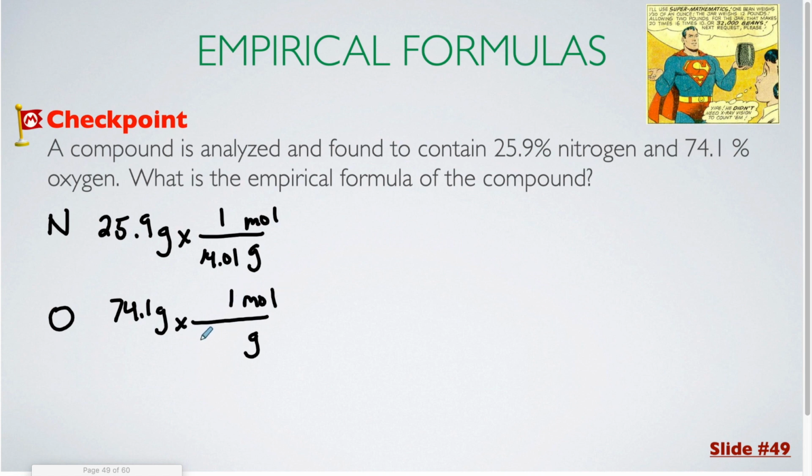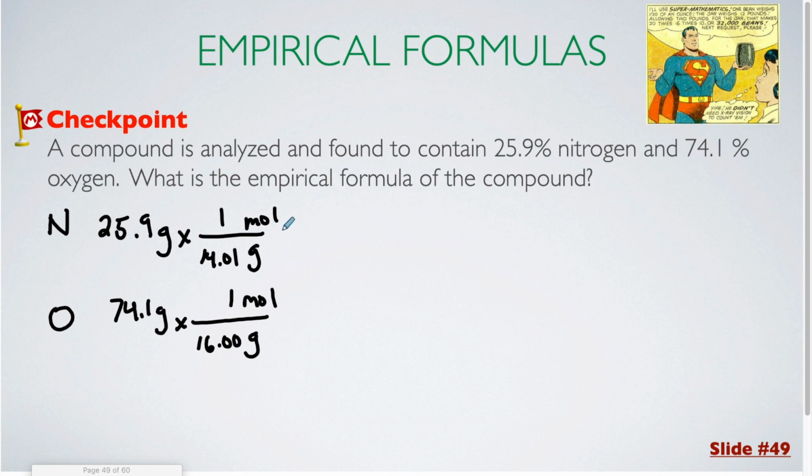The molar mass of an oxygen is 16.00. Now, sometimes students get a little confused at this point because they're thinking to themselves, well, nitrogen and oxygen are both diatomic elements, so why do I not double the mass here? Well, both of these elements are currently within a compound, so the rule of diatomics is not going to apply in this situation. So we are going to just consider a single atom, or in this case, a single mole of that atom.